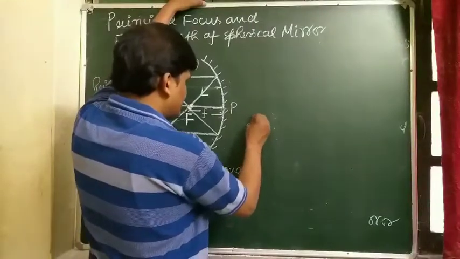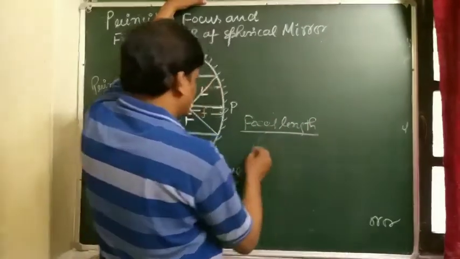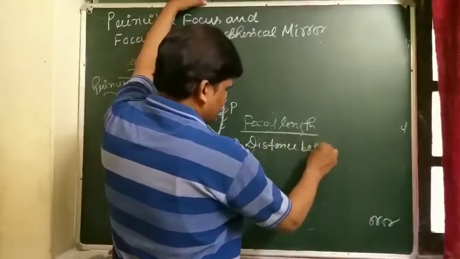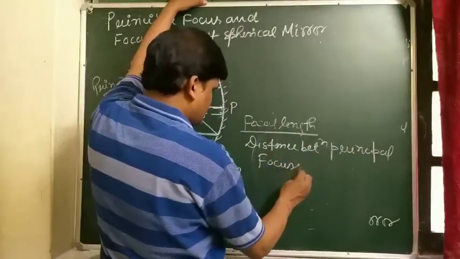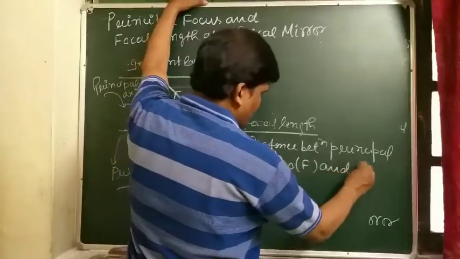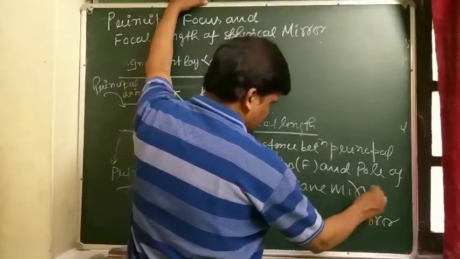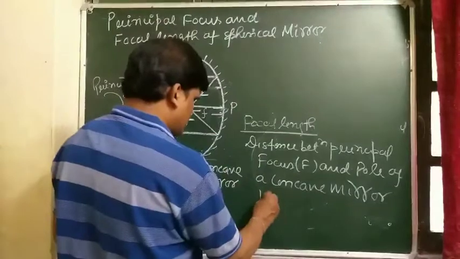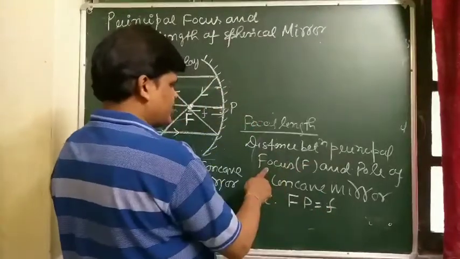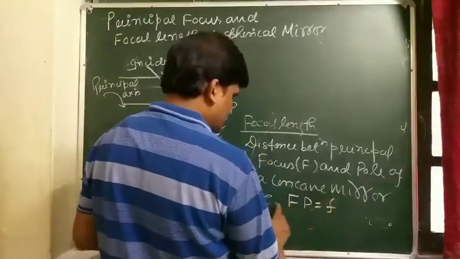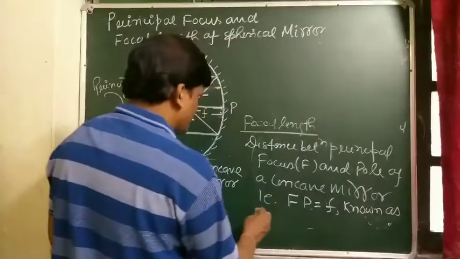The distance between the principal focus F and the pole of a concave mirror, that is FP, is known as the focal length of a concave mirror.